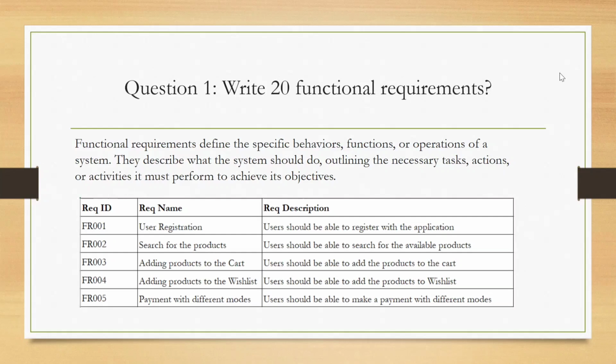It is the specific behaviors and functions of a system. Here you can find these requirements, right? You need to write down 20 functional requirements like this. This is the requirement ID, the requirement name, and the requirement description.